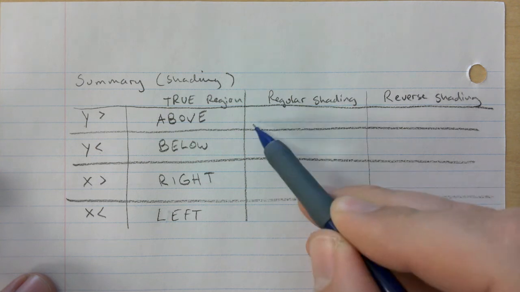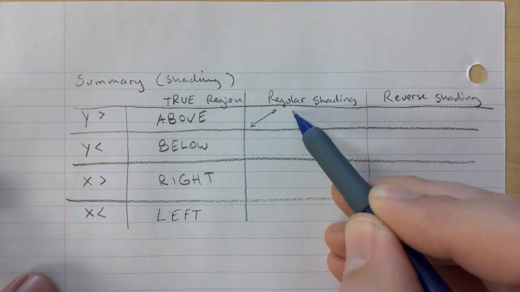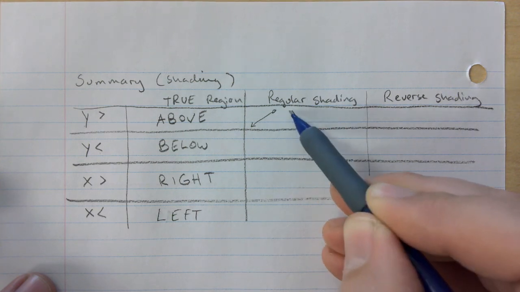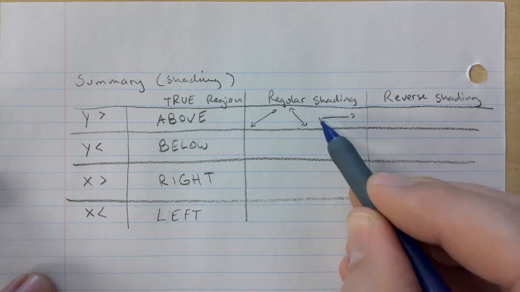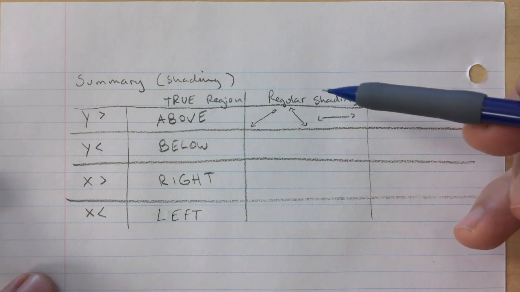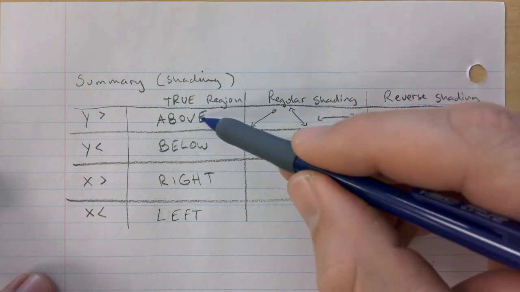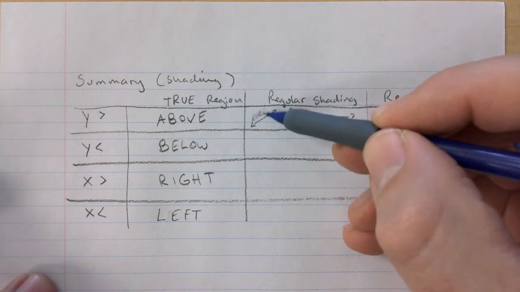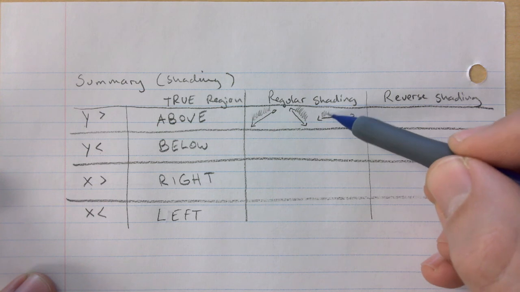If you're using regular shading, your line could be going up, going down, or be horizontal, right? But if you're using regular shading, you shade true, right? So since the true is above, you'd be shading above like here, or above here.